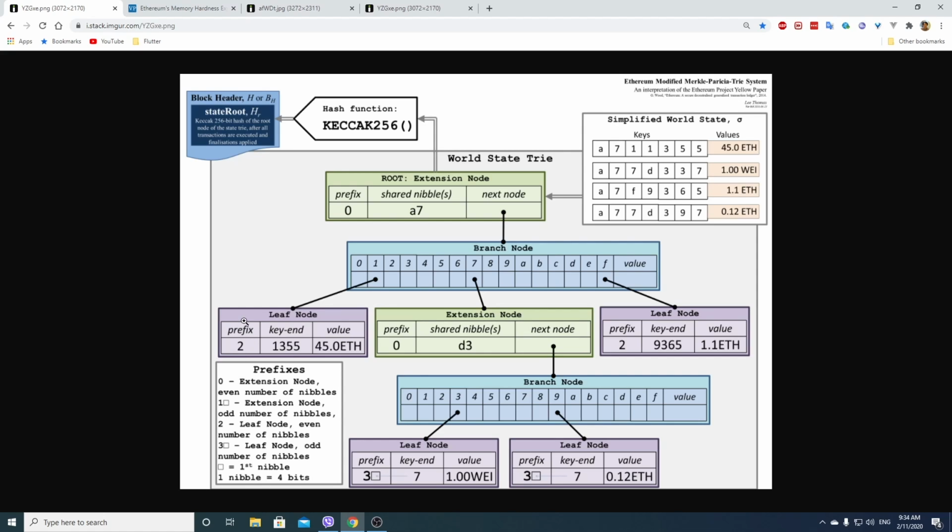One of the switches, one of the indicators, is whether you have an even or odd number of nibbles. The reason being that, see here you have 1, 3, 5, 5, right? But here you only have 7, so only an odd number of nibbles. When you store things in practice, in that tree, you have to work with bytes. You cannot work with half a byte. The smallest unit in computers will be bytes, right?